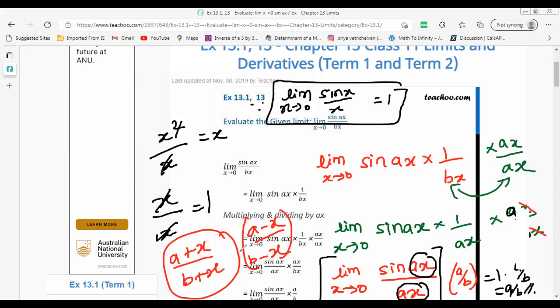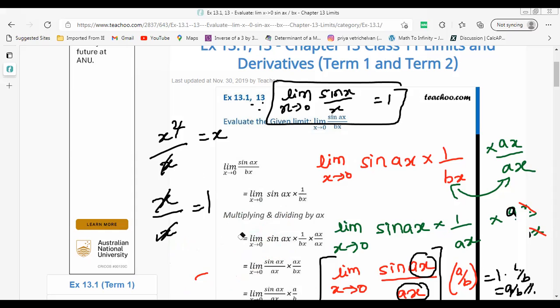In the process of addition and subtraction, you should not cancel out. If you are having a multiplication or division process, like here you're having x square upon x, which is division, you are allowed to make the cancellation. In case you have division like this, you can simplify this into x. Understood?